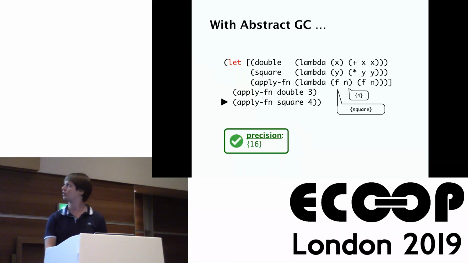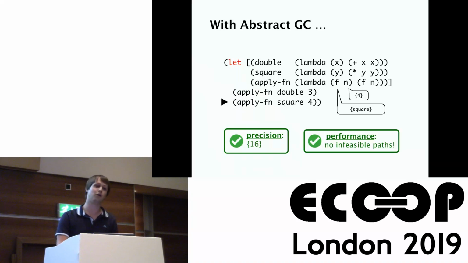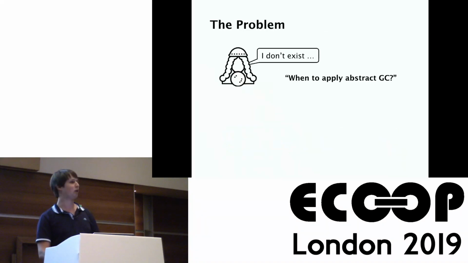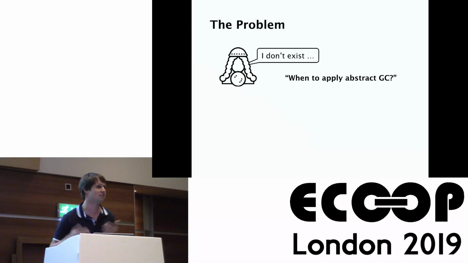So abstract garbage collection really helped to increase the precision of the analysis here, because we can now precisely determine the value for this program. And in this case, it also helped the performance of the analysis, because we no longer waste time on these infeasible paths. The problem is, of course, that in real life, this oracle I just showed you doesn't exist.